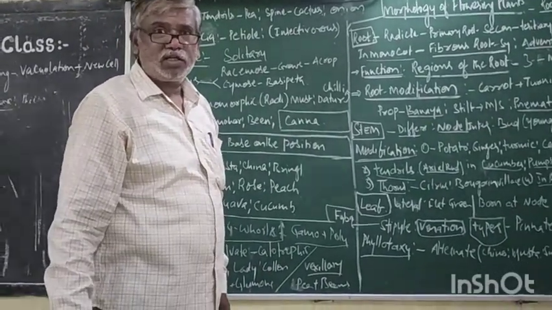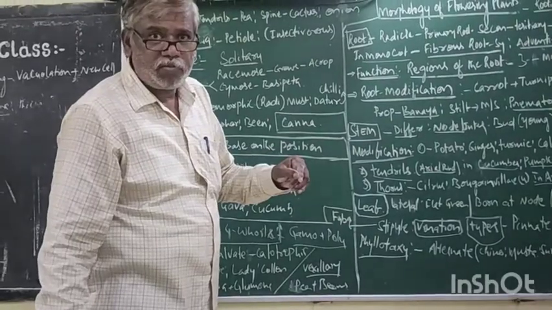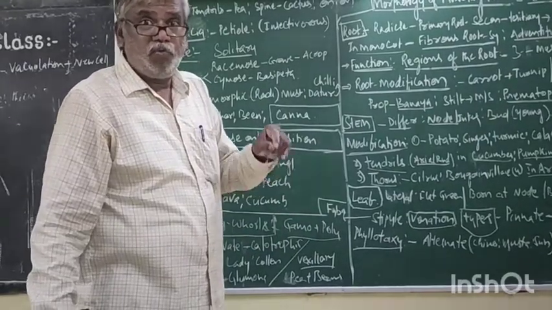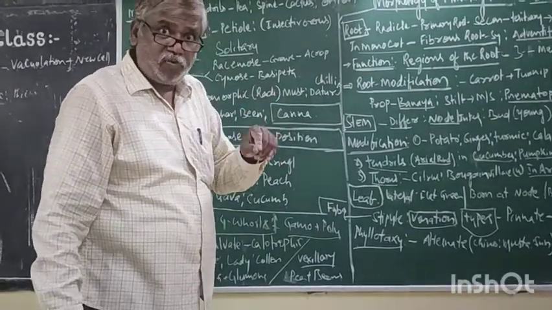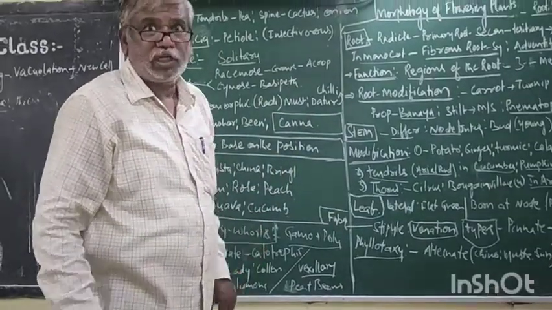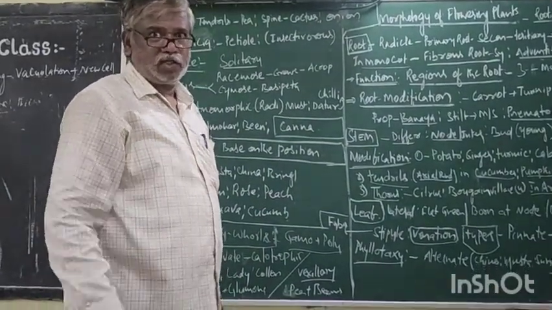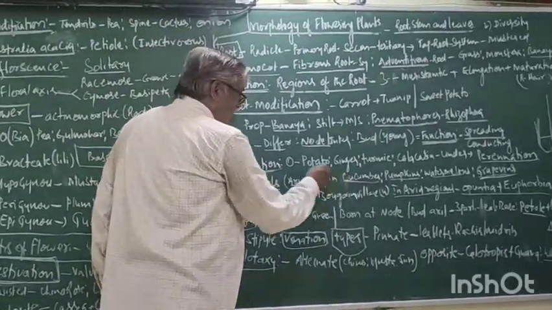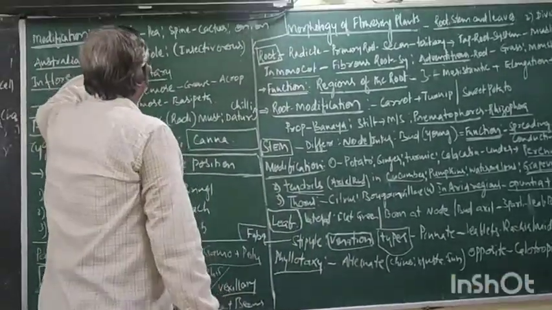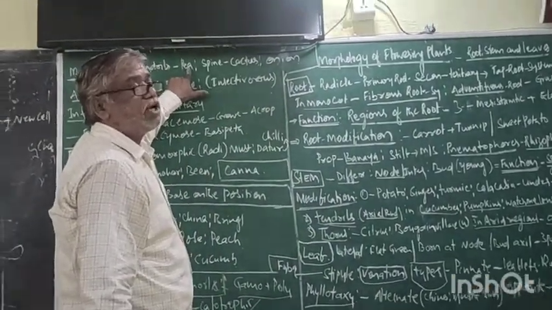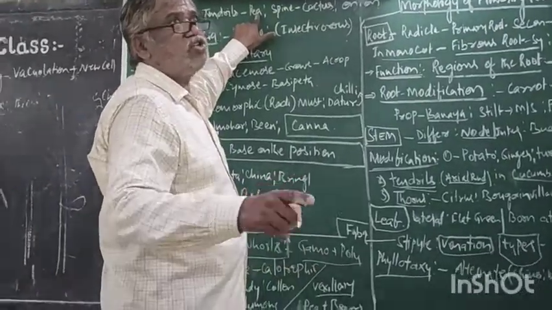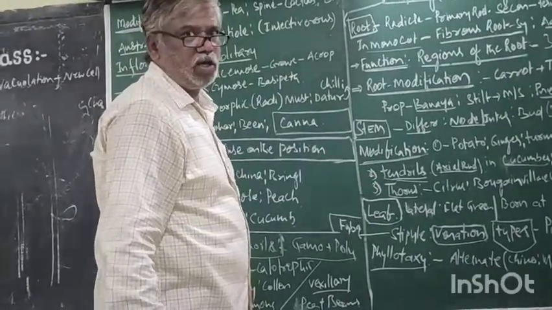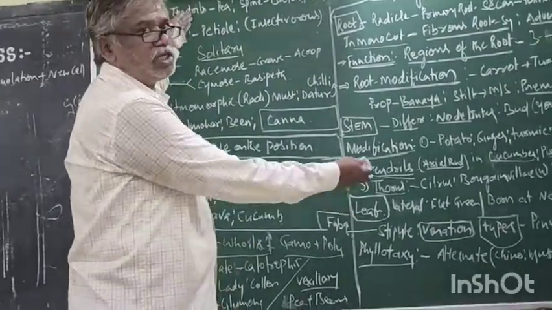The organs which are structurally similar but functionally different are homologous, and this is linked with evolution. The organs which are structurally different but functionally the same are analogous. The function is climbing, but structurally one is the leaf and the other is the stem.